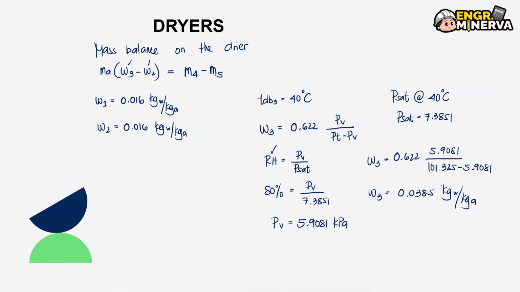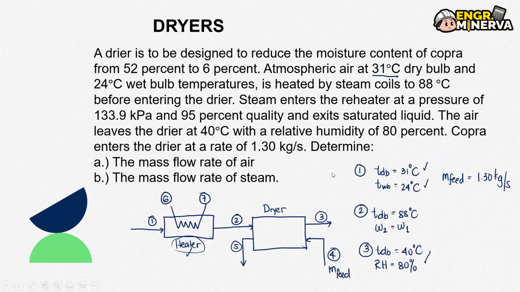So we already have W3. So we are okay with W3 and okay with W2. This is the required. The question is, how could we get our W4, M4, and M5? M4 is given because the copra enters the dryer at 1.3 kilograms per second.